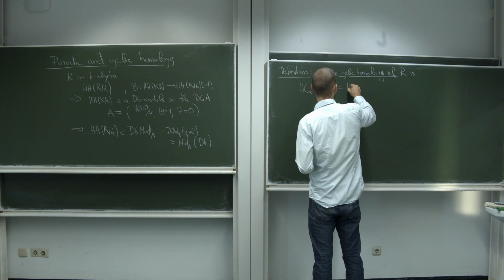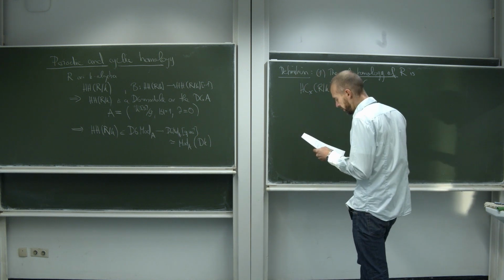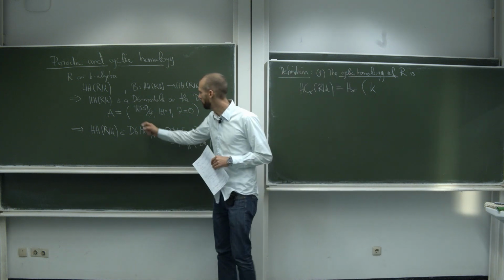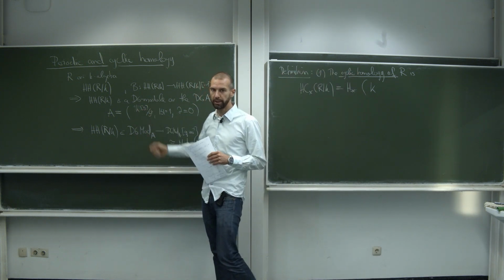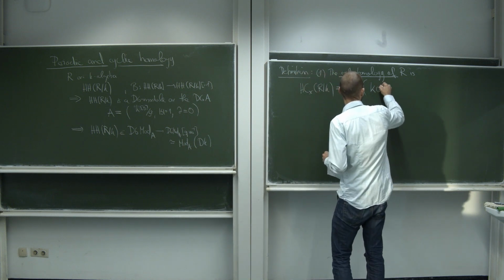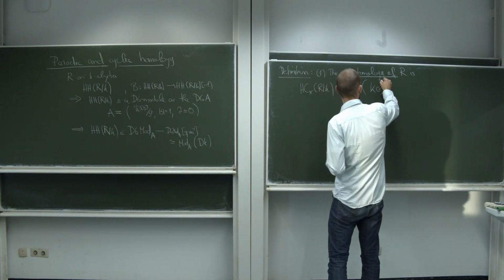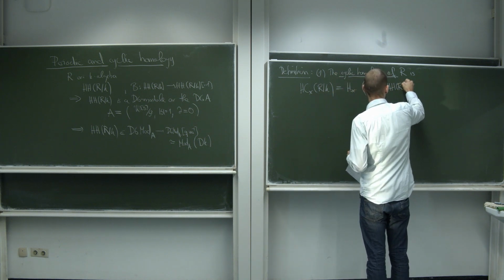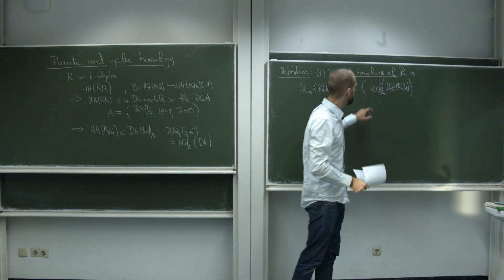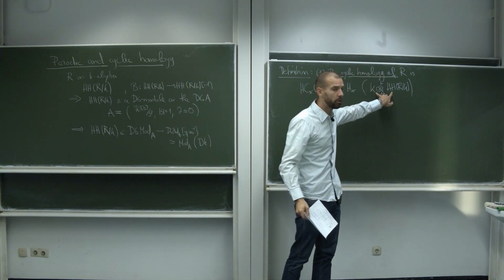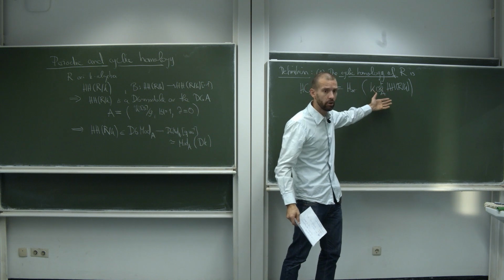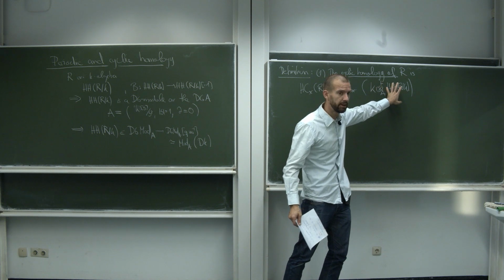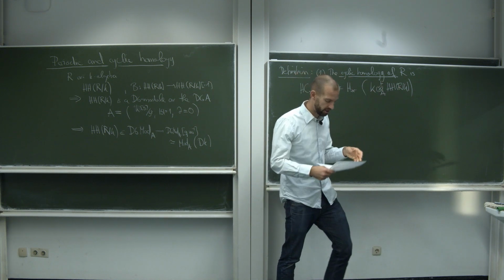And this is just the homology of the chain complex which is given by taking K. We consider K as a module over A by the augmentation map, sending B to 0. So this is the right module over A, and we take the derived tensor product over A with the Hochschild complex HH(R/K). So this is the left module over A. The derived tensor product will just result in a chain complex over K. It doesn't have an A-module structure anymore, right? We tensor a left and a right module, and then we take the homology of that chain complex.